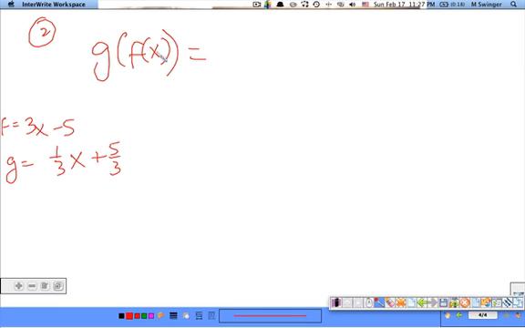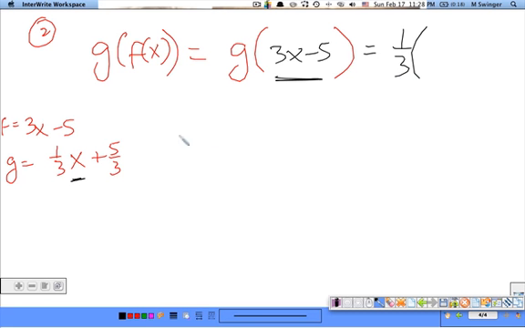Alright, so g of f, instead of f, I'm going to put what f is, which is 3x minus 5. This is equal to, plug in this wherever g is. So here's g, so plug in this where I see an x. There you go. So 1/3, instead of x, I put 3x minus 5. Substitution, I still got plus 5/3.